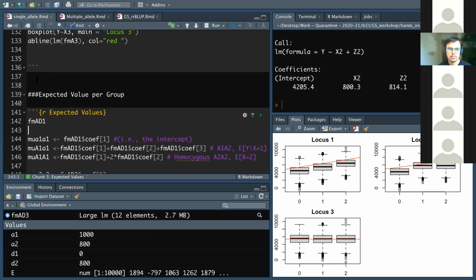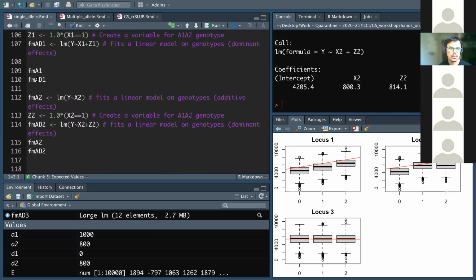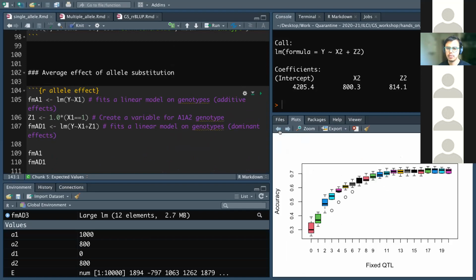Can we please go back where we had the plotting? Yeah, the box plot, before.